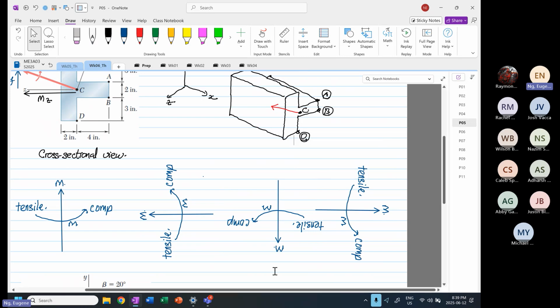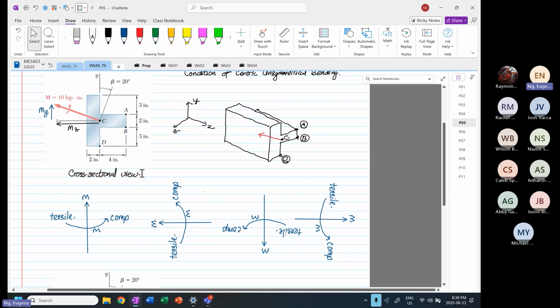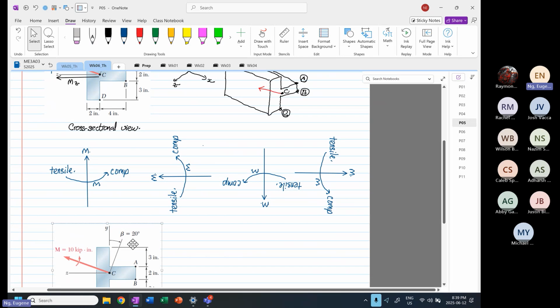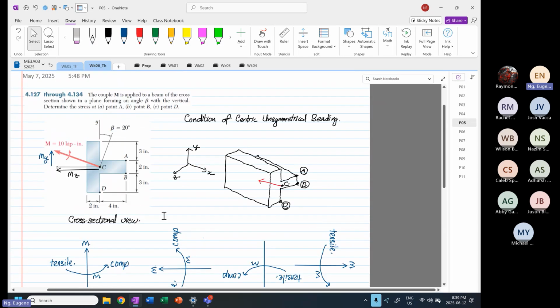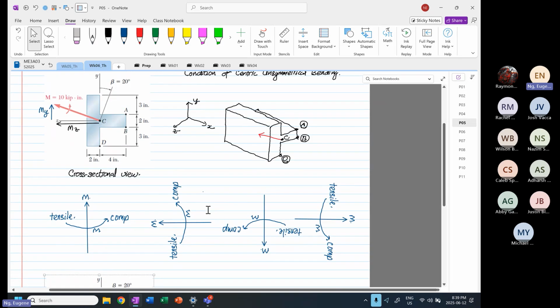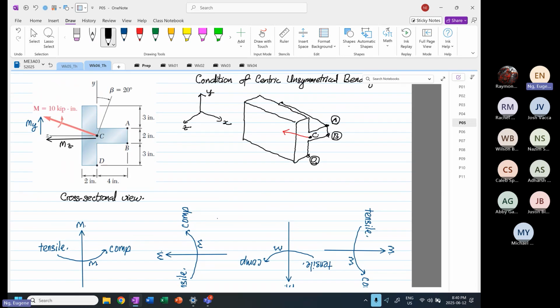If we're going to look at MZ, okay, let's calculate MY and MZ first. Let's calculate MY and MZ first. I'm going to calculate what is our MY.